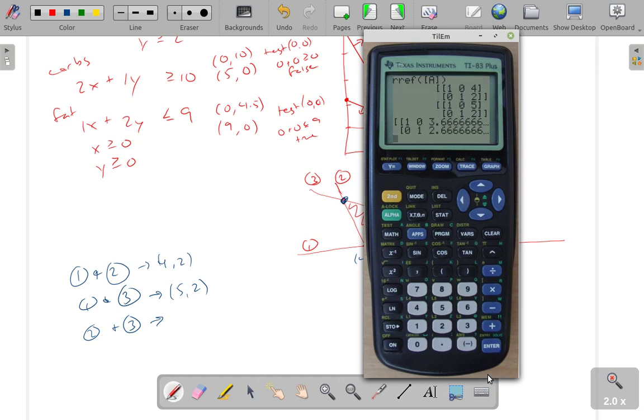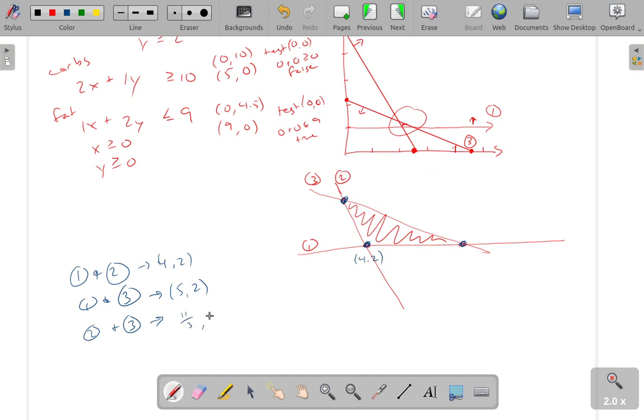We get 3.6 repeating and 2.6 repeating. I'll round those off to fractions, 11 thirds and 8 thirds.